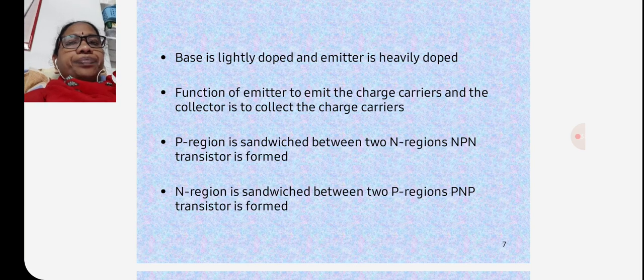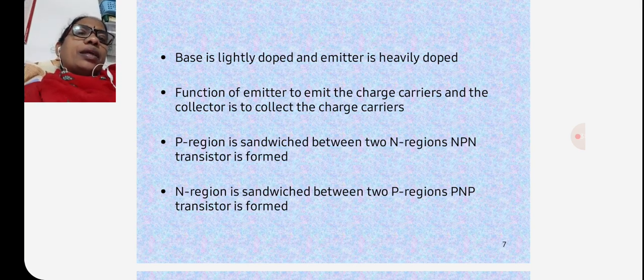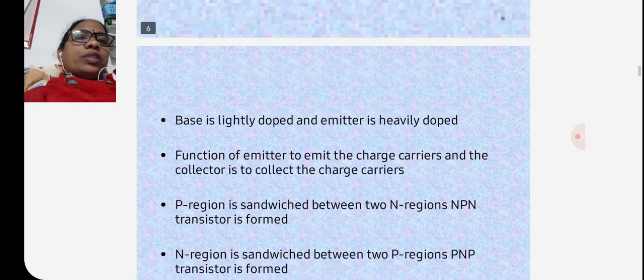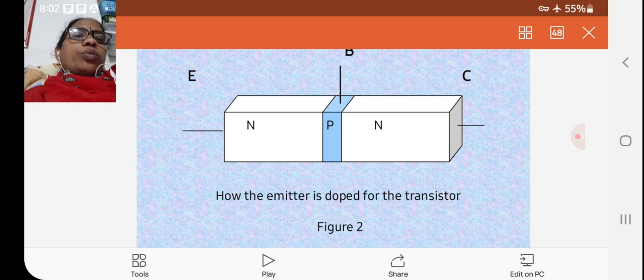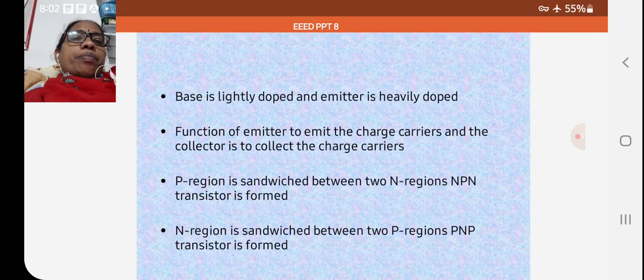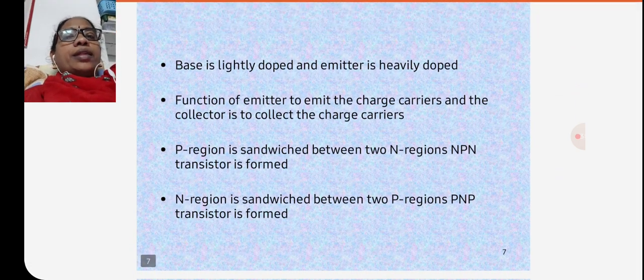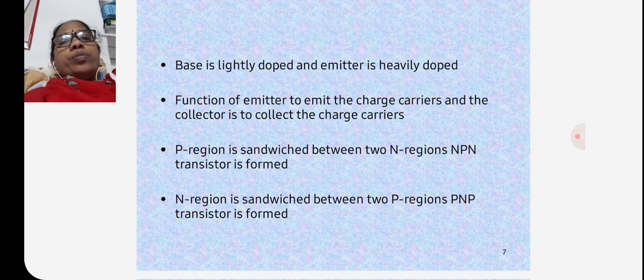Here the base is lightly doped and the emitter is heavily doped. The middle blue part is the base, which is lightly doped.